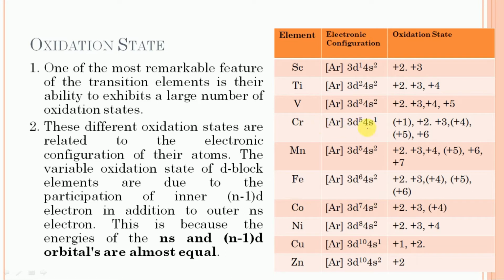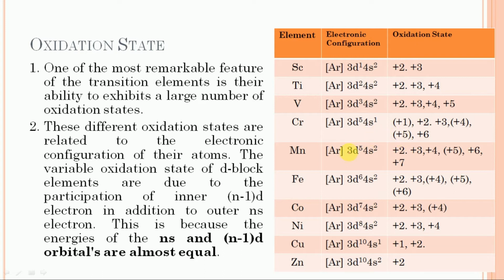Next is chromium, having electronic configuration 3d5 4s1. When it uses only one 4s electron, then it will have oxidation state +1 in bonding, and in addition to it, when the 3d5 electrons also take part, then it will show +2, +3, +4, +5 and +6 oxidation states in chemical bonding.